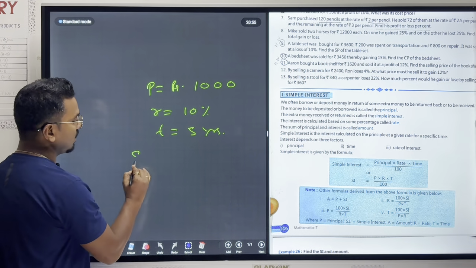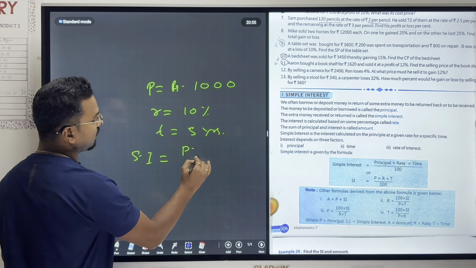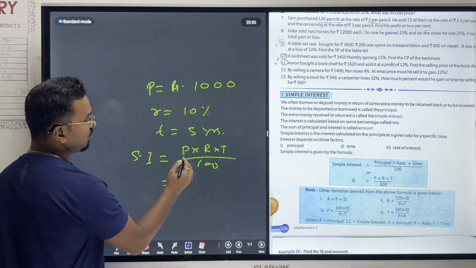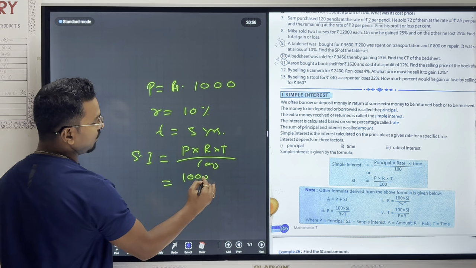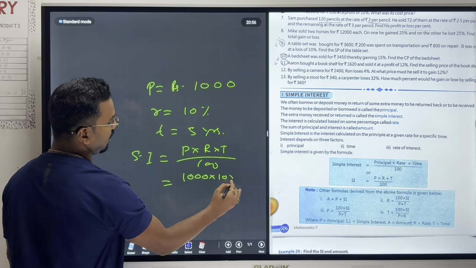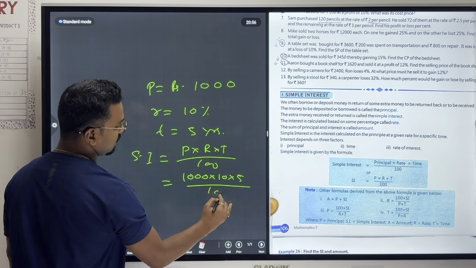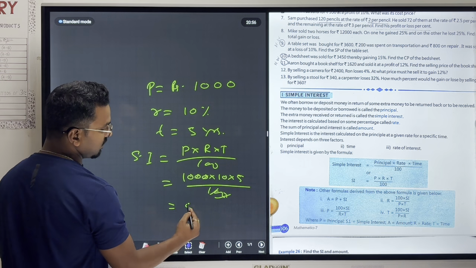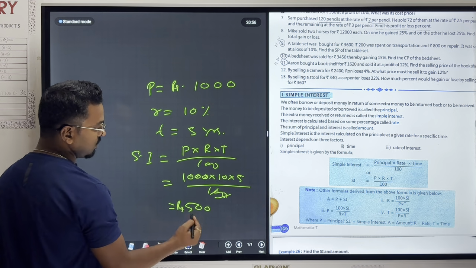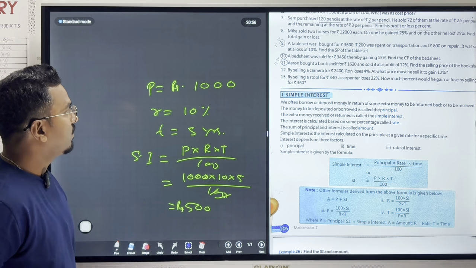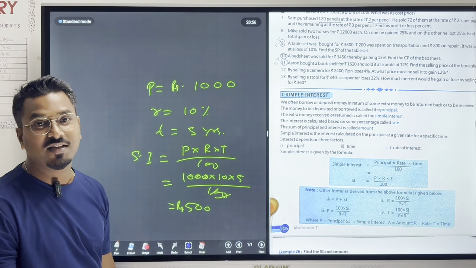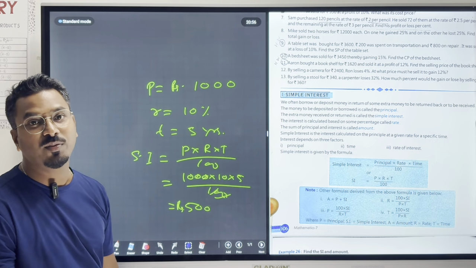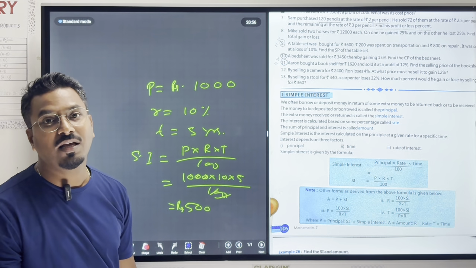So in that case we can find simple interest by applying the formula P into R into T by 100. So what is the principal here? 1000 rupees, rate is 10 and time is given 5. So if you cancel it, what will you get? You will get extra 500 rupees as interest.